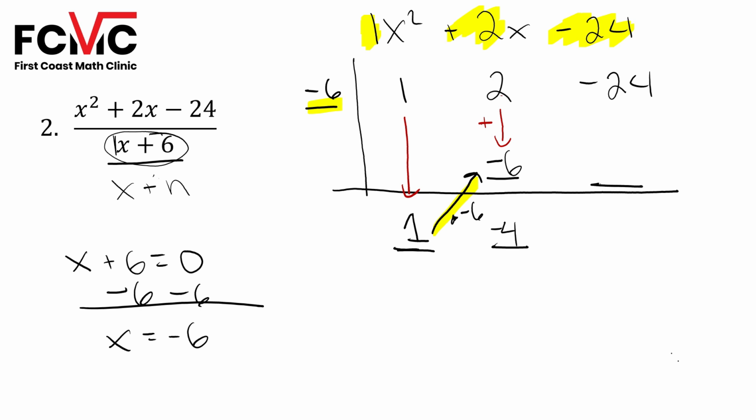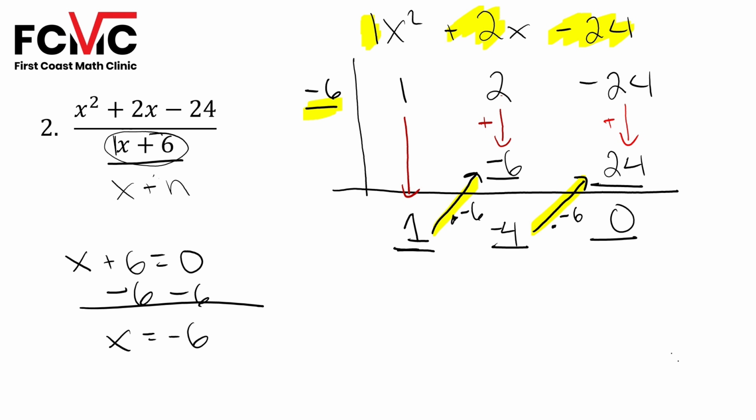Now I want a term here and here. Let's take that negative 4, bring it up, but we're going to multiply it again by negative 6. So again, that term that's outside of our box here. So negative 4 times negative 6 gives me positive 24. Now again, repeat this, bring the negative 24 down, add negative 24 plus positive 24 is going to give us 0, so we get 0 here.